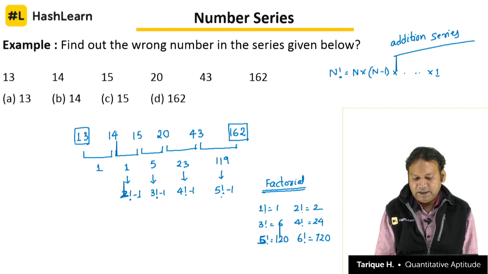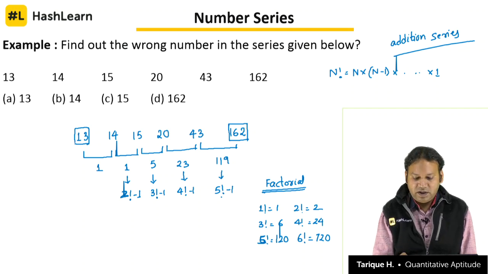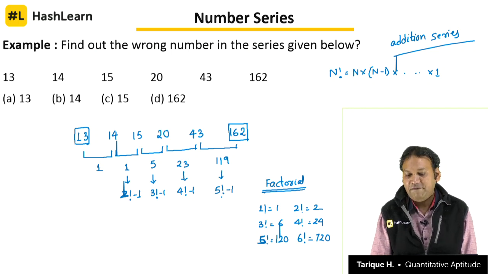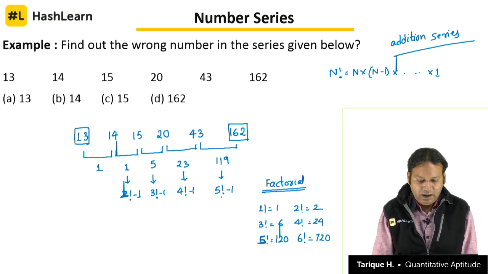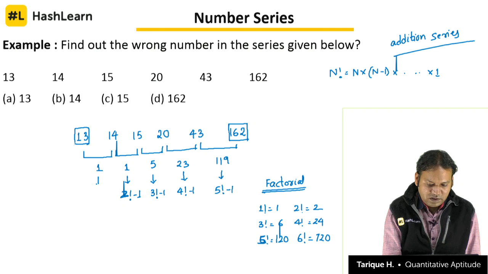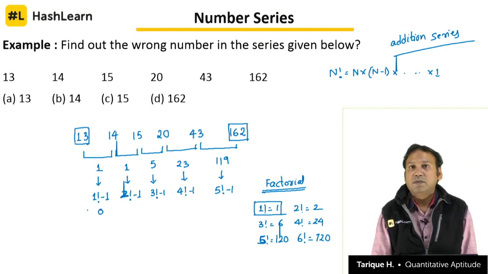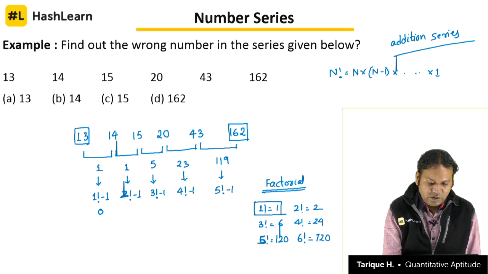So we get a pattern here: 2 factorial minus 1, 3 factorial minus 1, 4 factorial minus 1 and 5 factorial minus 1. So in that case the previous one should be 1 factorial minus 1. Now 1 factorial is 1 and 1 minus 1 is 0. So this difference should be 0.